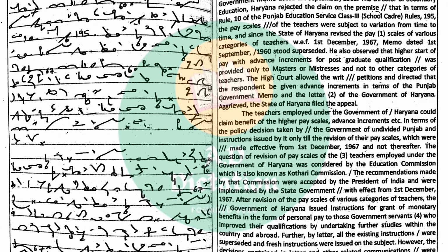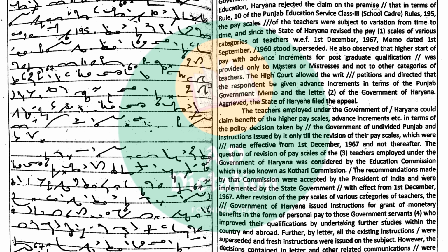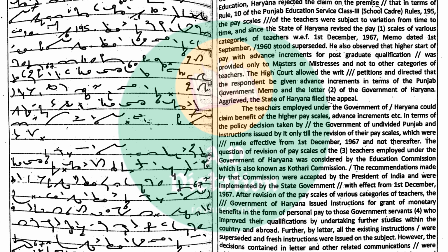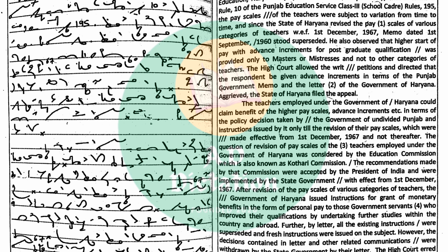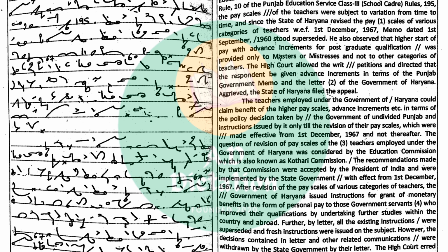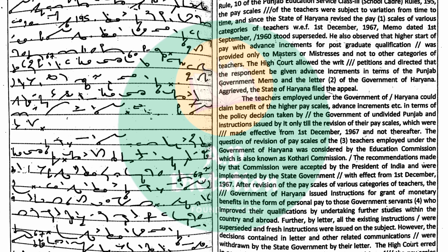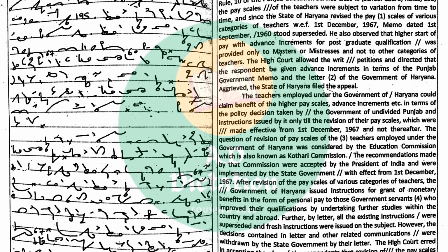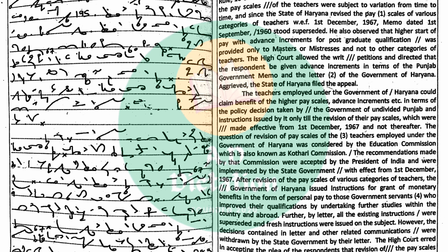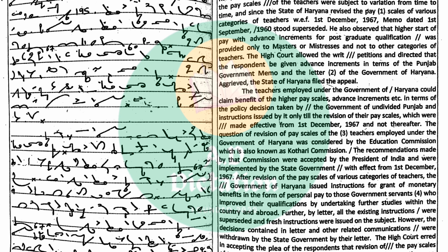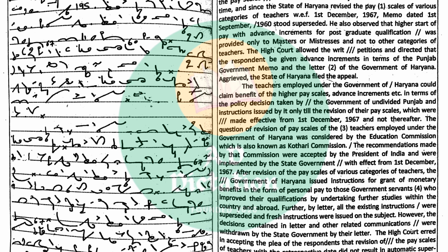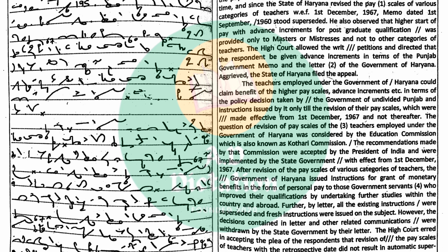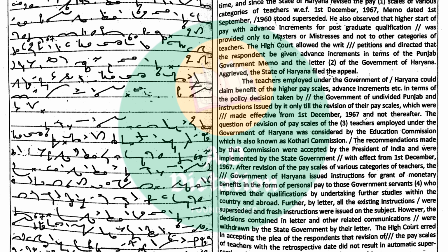The teachers employed under the government of Haryana could claim the benefit of the higher pay scales, advance increments, etc., in terms of the policy decision taken by the government of undivided Punjab and instructions issued by it only till the revision of their pay scales, which were made effective from 1st December 1967 and not thereafter.